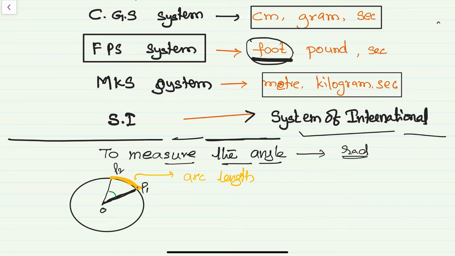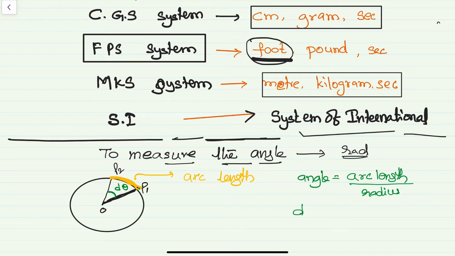The angle traced at the center from one point to the other point is called theta or d theta. Angle is equal to arc length by the radius.